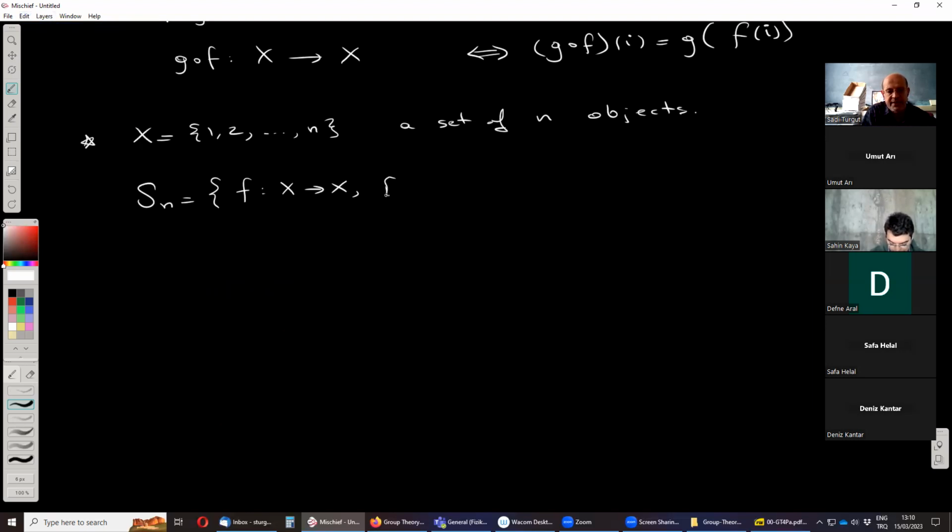So F is invertible. All right. So these are essentially all permutations of n objects. Okay. These are all permutations of n objects actually.